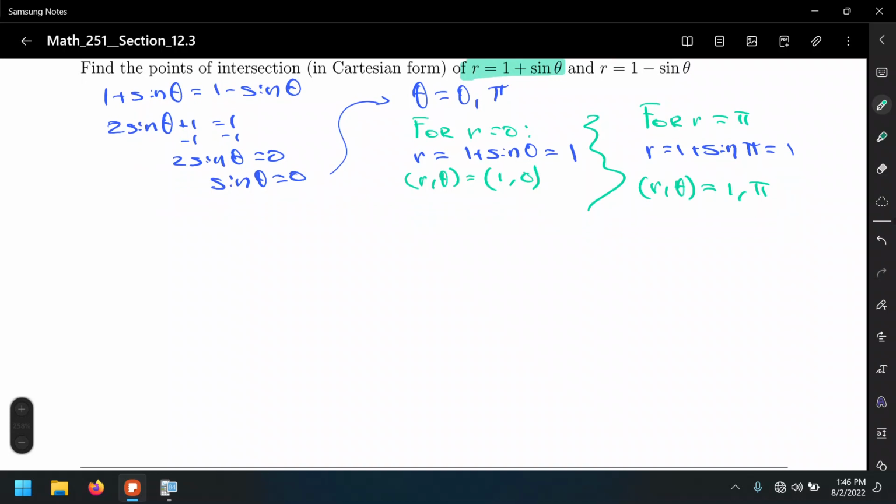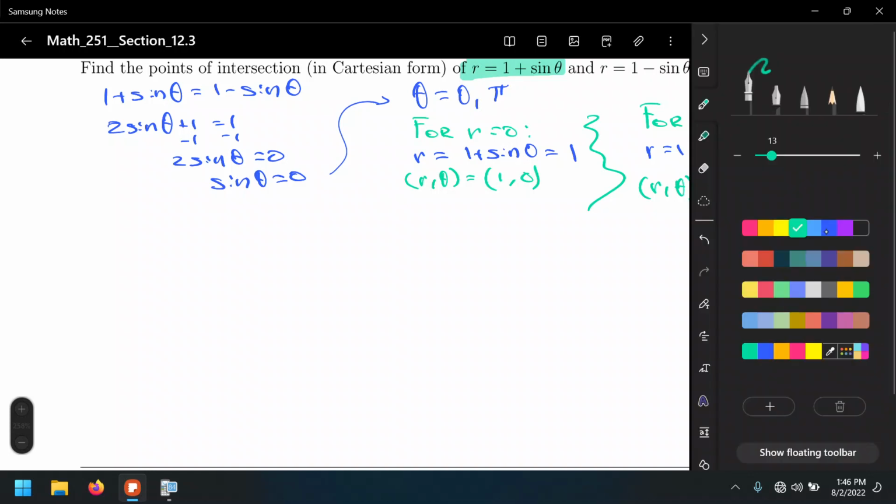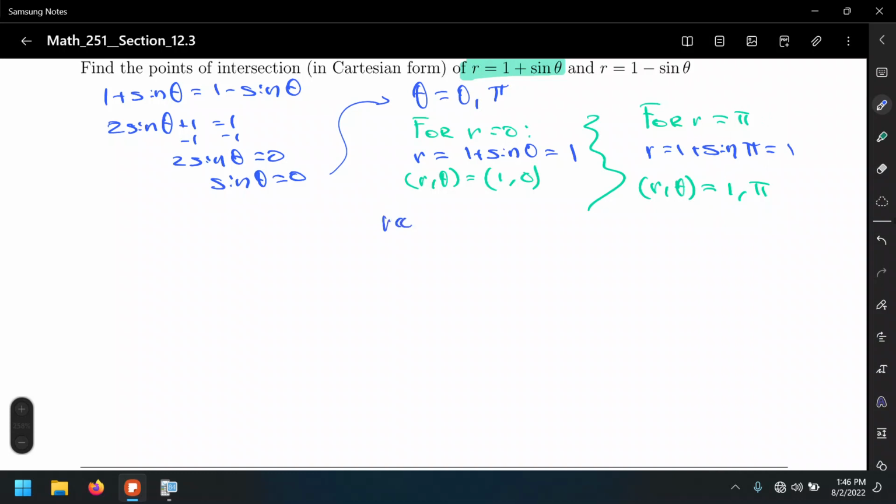We need to find those in the corresponding Cartesian system. And to do that, we use, again, our relations, r cosine theta for x, which is 1 times cosine 0. Well, that's going to be 1. And y equals r sine theta, which is 1 times sine 0, and that's 0. Sounds good?